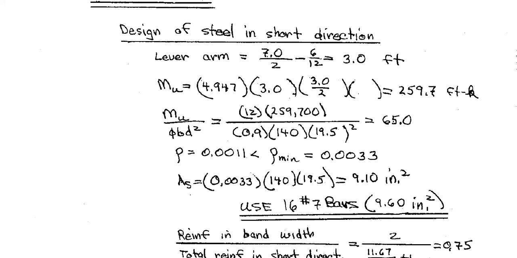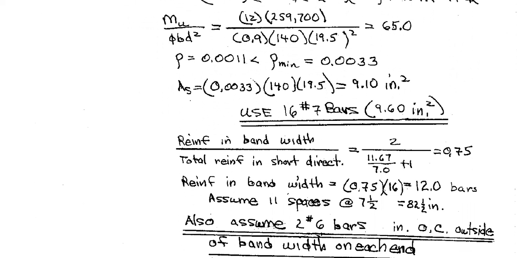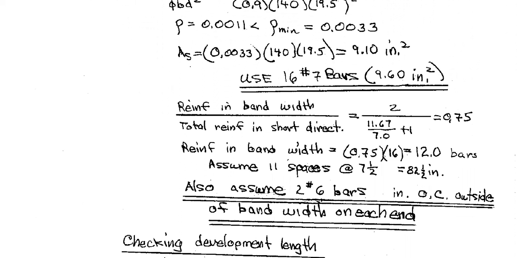This time b is 140 because we are doing the short direction, or b will be the long direction. So 140. So they need 9.10 inch square. This reinforcement is for the entire width, and say it is 16 number 7. They are choosing 16 number 7. They are providing 9.6, very close.